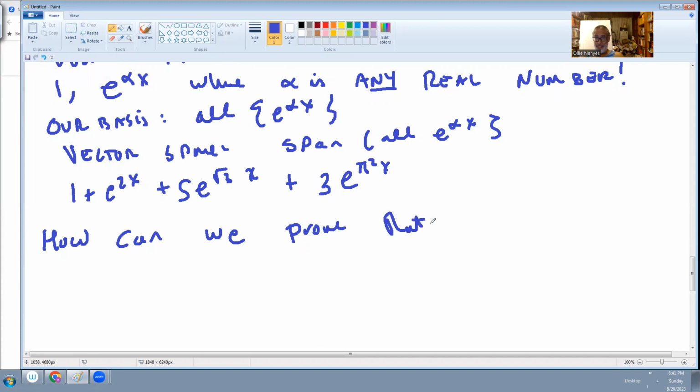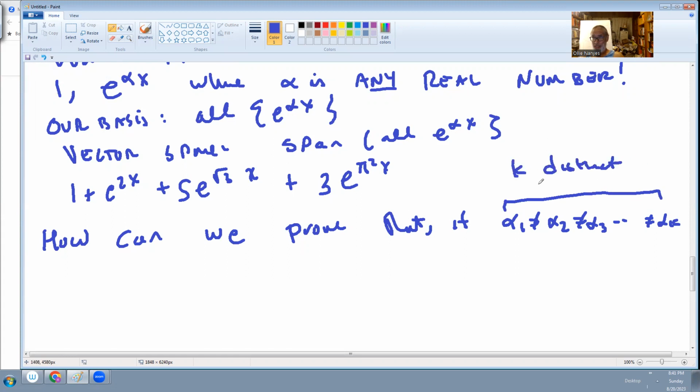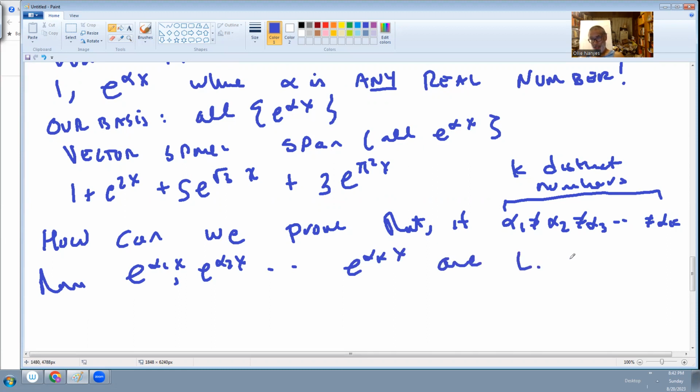That if, let's say, alpha 1 not equal to alpha 2 not equal to alpha 3, so if you have any k real numbers that are unequal, in other words, these are k distinct numbers, then the vectors e to the alpha 1 x, e to the alpha 2 x, through e to the alpha k x are linearly independent.